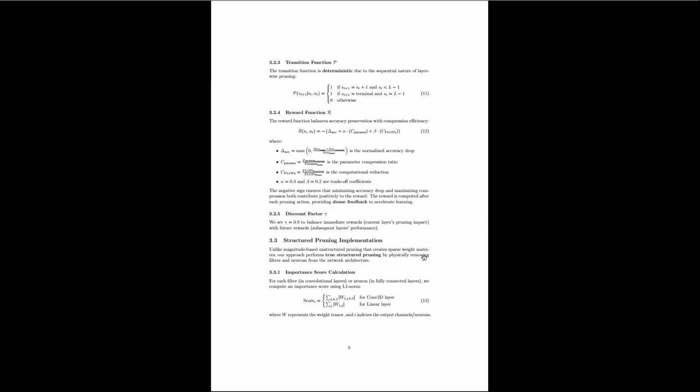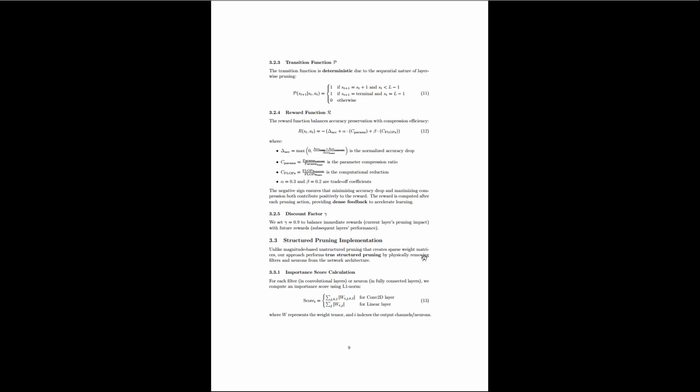Each action specifies the percentage of filters or neurons to be removed through structured pruning. The transition is 0 for every layer, and in the last layer, the transition function is 0%. The reward function balances the accuracy preservation with compression efficiency.